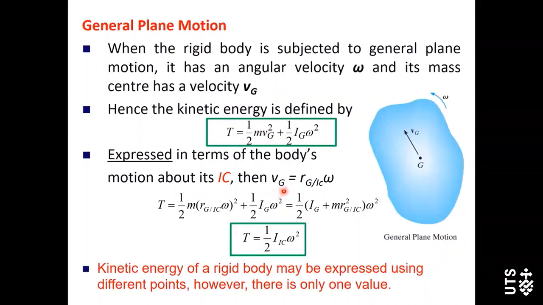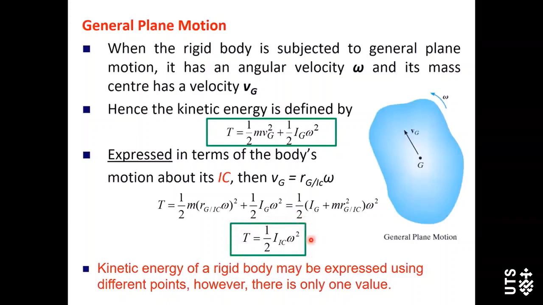a relationship between Vg and omega and the distance from point G to the IC point. Substitute this into this equation, rearrange it, and using parallel axis theorem, finally we can get an equation like this.